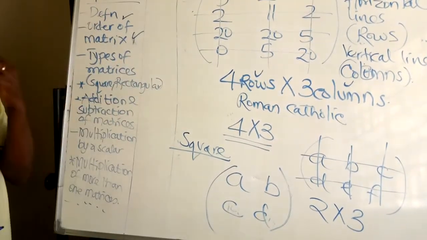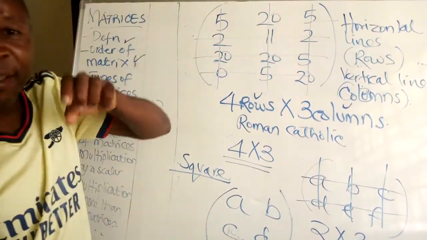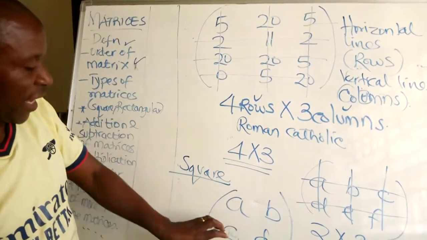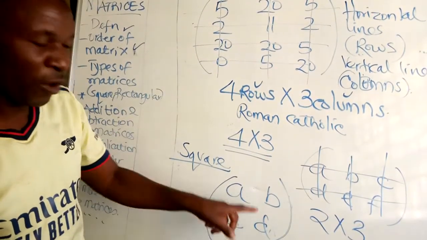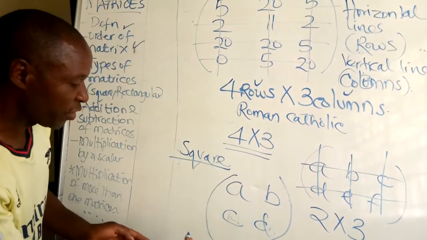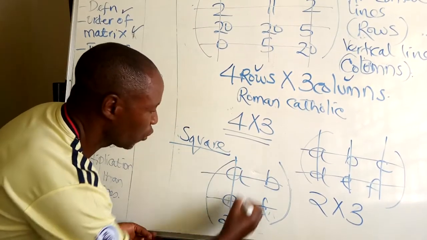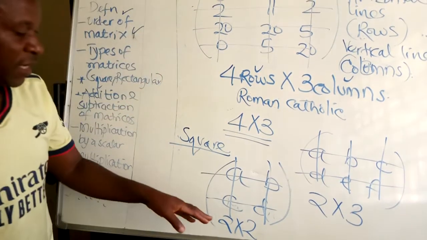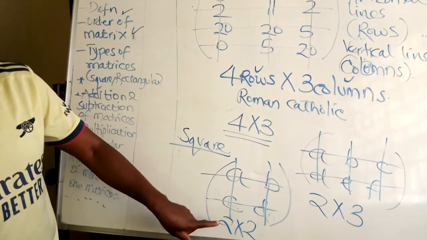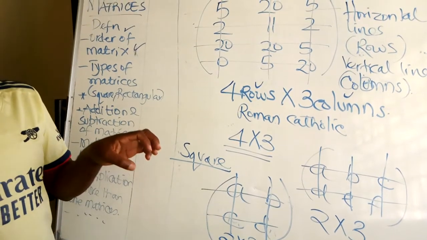Each item represented is called an element of a matrix. This matrix has 4 elements, and its order is 2 rows by 2 columns. This is called a square matrix because it has the same number of rows and columns. In the meantime, we first stop there.